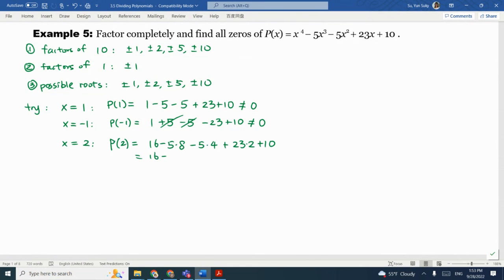What's 5 times 8? 40. 5 times 4? 20. 2 times 23? 46. Is it equal to 0? No. Look at the negative numbers. This is -60. The positive numbers: 16 plus 60 is 76... 16 plus 10 is 26 plus 46 is 72. So they're not equal to 0. So keep going.